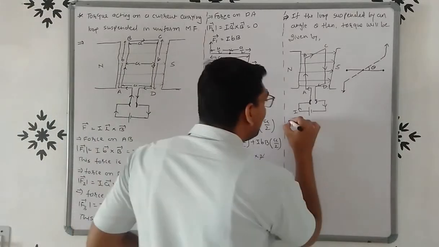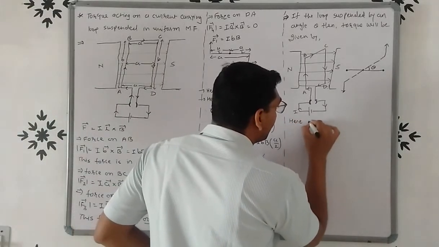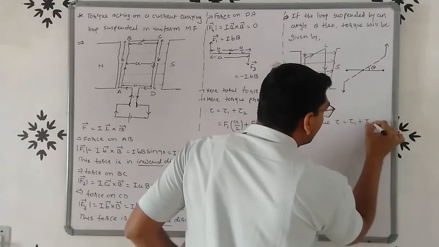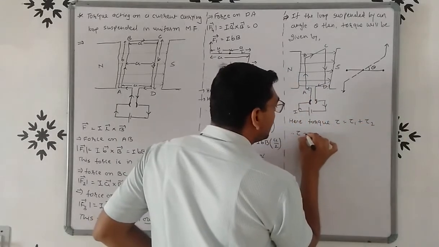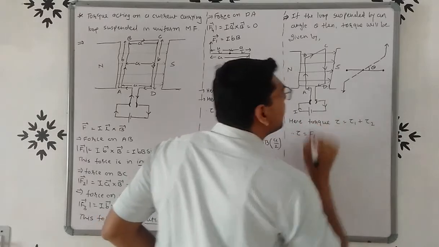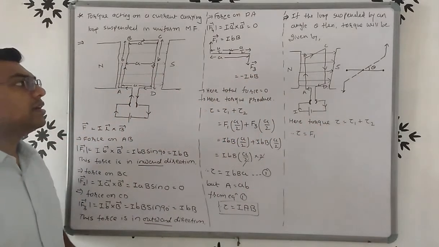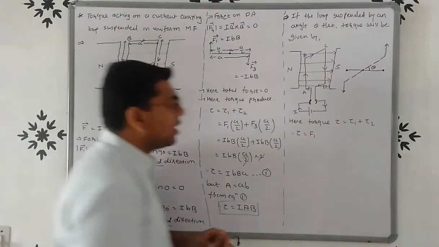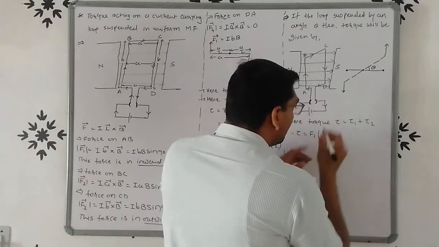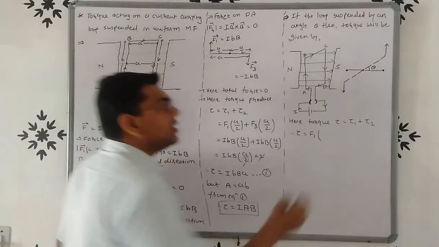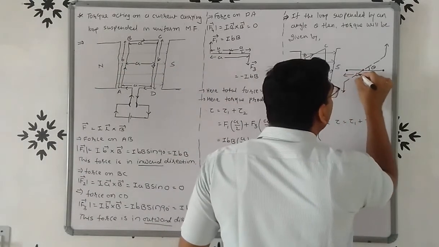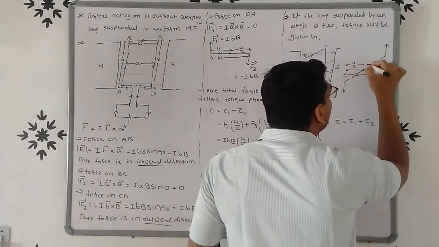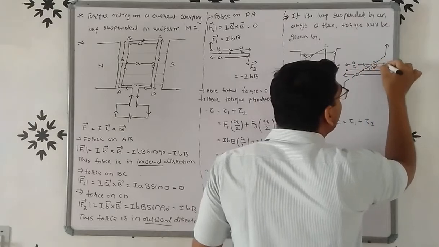So here torque tau is equal to tau 1 plus tau 2. Tau 1 is due to force F1 into the perpendicular distance. The total distance is a, so this distance is a by 2 and this distance is also a by 2.